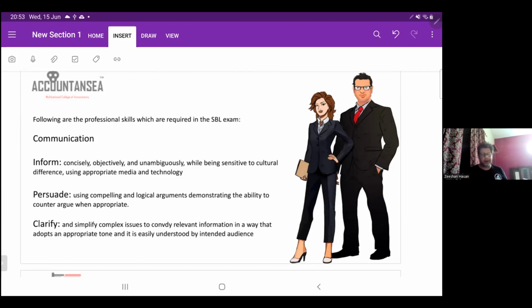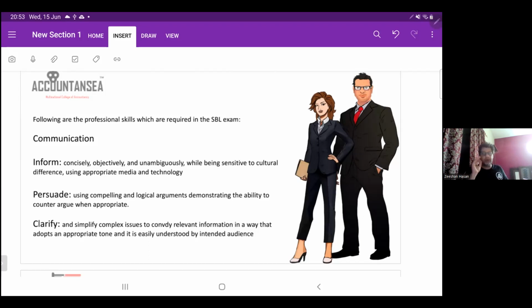Sometimes he will ask you to write a WhatsApp message. Sometimes he will ask you to write a proper press release. So you have to do that accordingly. You have to use compelling and logical arguments. You should have the ability to counter argue when appropriate, right?